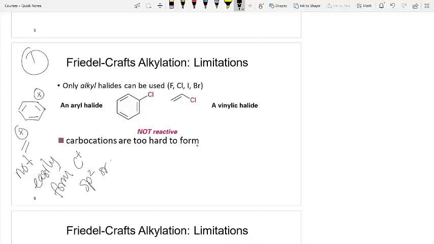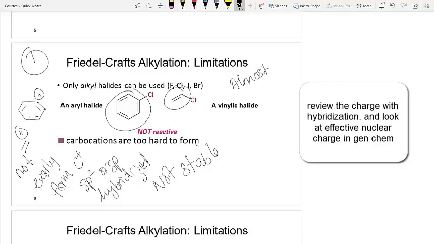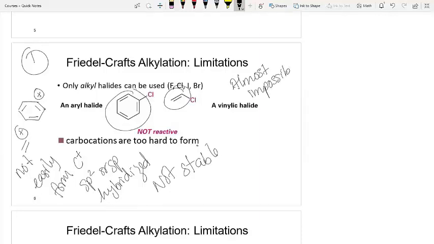Forming carbocations out of sp2 and sp hybridized carbons is almost virtually impossible. I'm not going to say 100% impossible, but not very possible, because they're not very stable, based on the fact that their hybridization makes that charge close to the nucleus and hence not very stable. So for the purposes of this class, we say that it doesn't happen, but I'm going to stress that it really is just almost impossible.